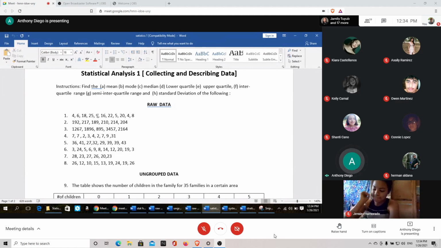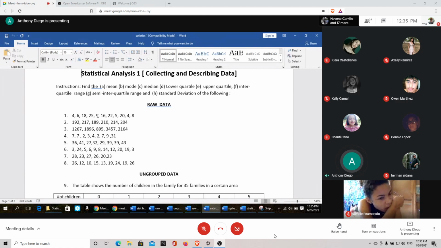And this will be in order of ascending size. So you begin from the smallest number to the largest number. Okay? And the numbers must be in numerical order from the lowest to the largest before you do any calculation.